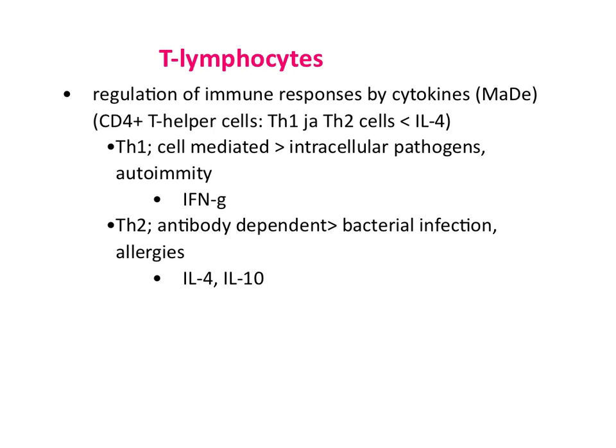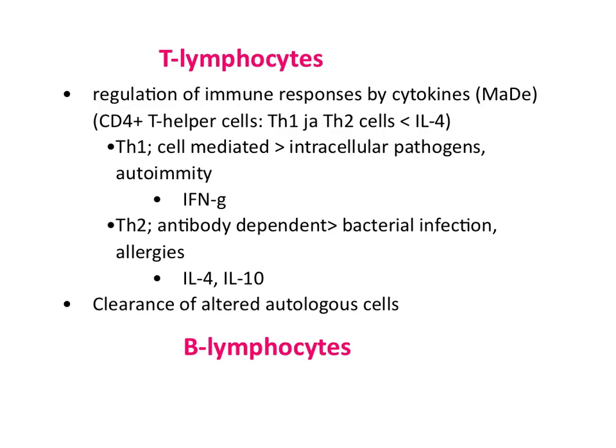Th1 leads to cell-mediated responses and response to intracellular pathogens and autoimmunity, and interferon gamma is important there, whereas Th2 cells are so-called antibody dependent and respond to bacterial infections and are linked to allergies, and IL-4 and IL-10 are important there. T cells are also in charge of clearing altered autologous cells.